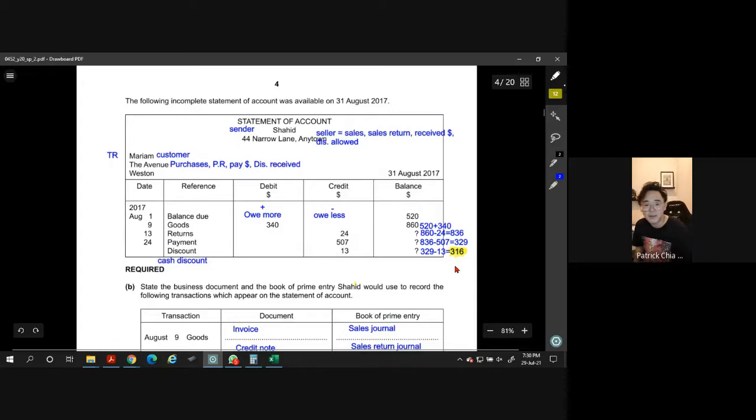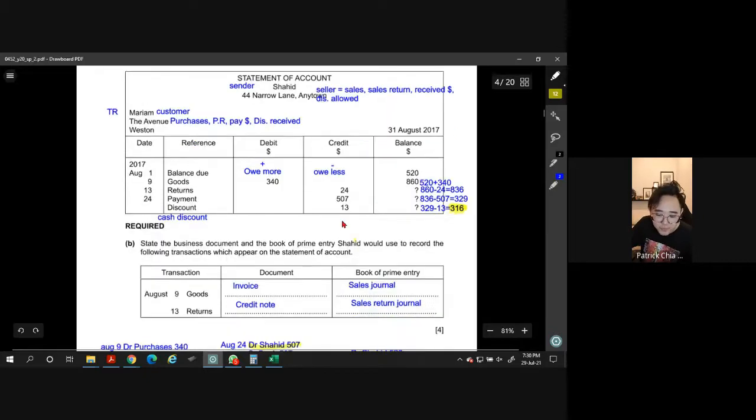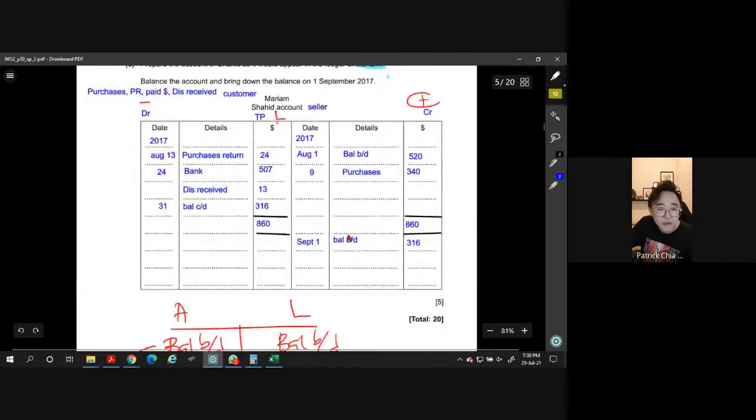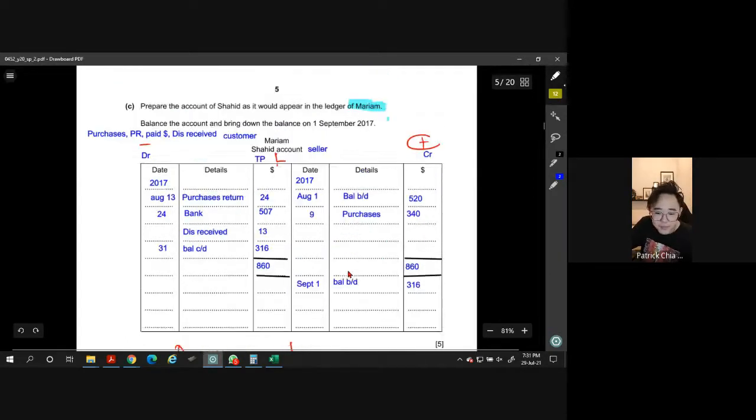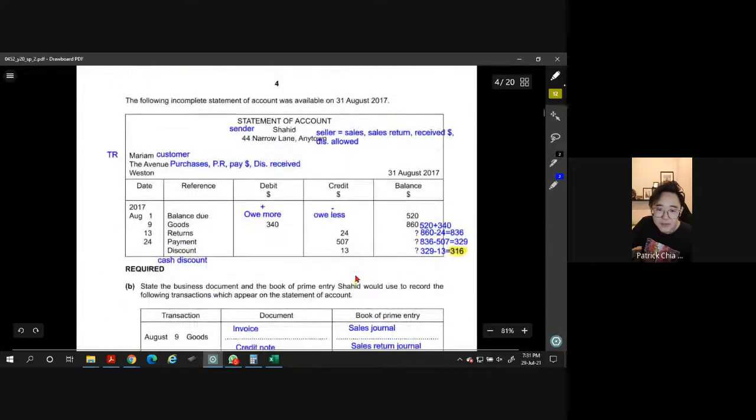Yep. The statement will show us how much Mariam will still owe us at the end of it. So if you know how to read this, then you'll be able to know in the final accounts whether you did everything correctly or not. So Mariam still owes Shahid 316, correct?